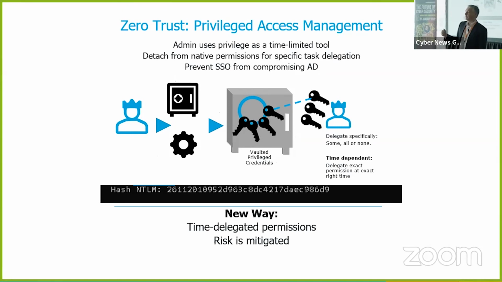Then at 2 p.m., the administrator can log in and perform those actions. When the user completes that or the time limit comes up, those rights are revoked. There's no longer any association between the administrator and those rights. This is perfectly possible to do today with privileged users.